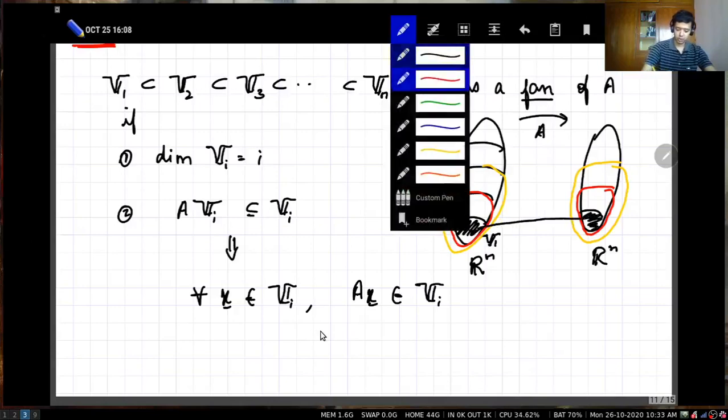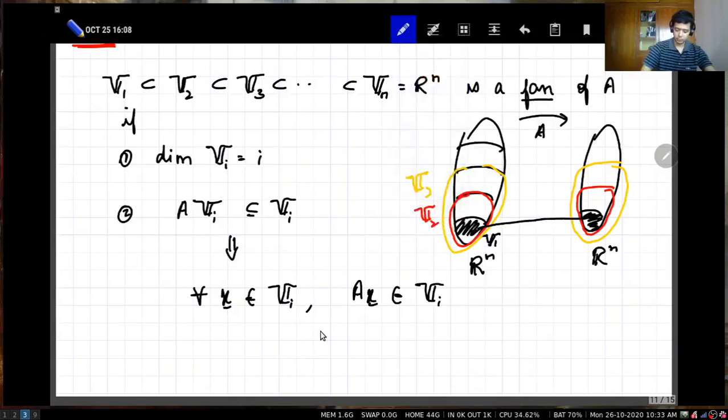Similarly, if you take any point in this region and you take the linear transformation, it lies in V2 itself. So it could lie strictly within V1, but it's definitely within V2. You can't go outside V2. And similarly, every point in V3 is mapped to points in V3 only.